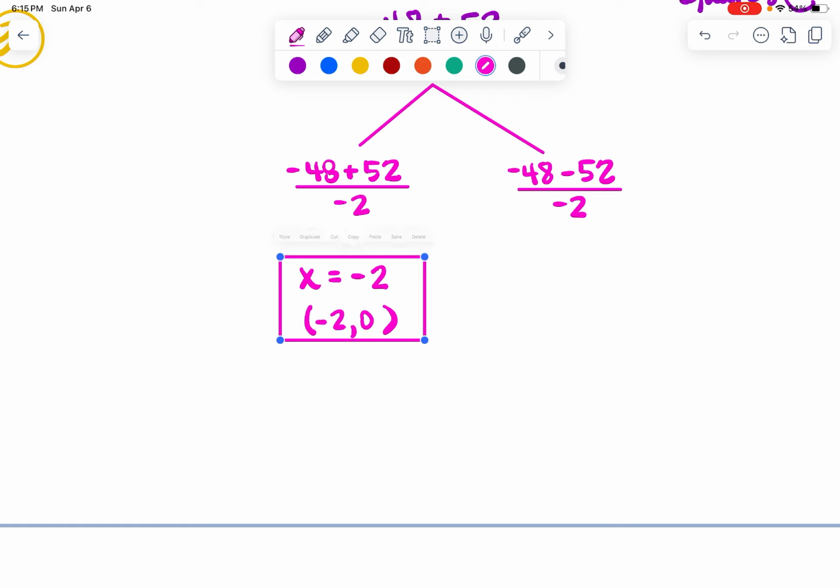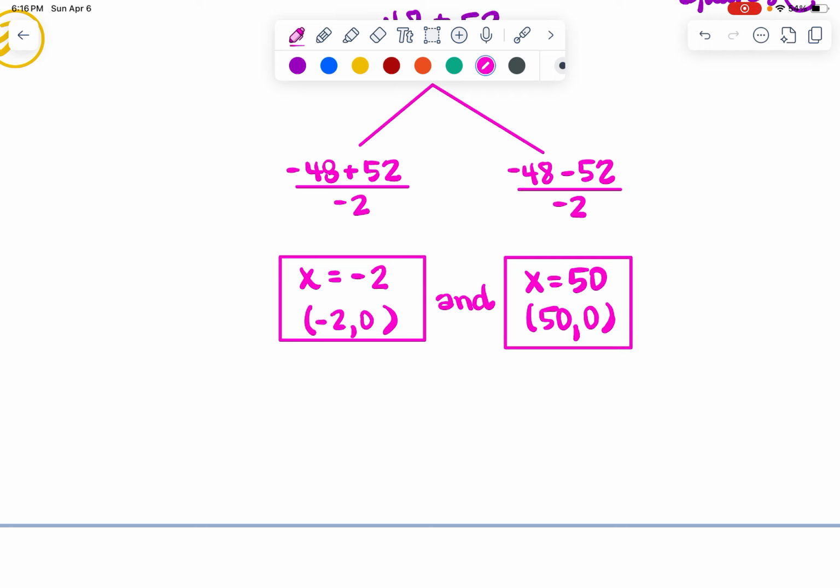All right, and we're going to get another solution over here when we type in, again, fraction mode, negative 48 minus 52, and the denominator negative 2, and that's giving me positive 50. Or you could write that as 50.0. I'll take it either way.